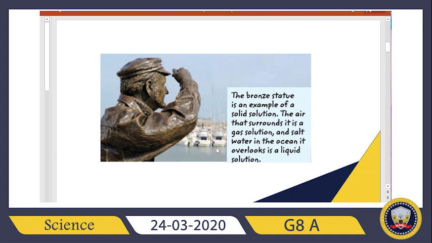You will not see the salt particles inside the water because it's a solution. It is impossible to differentiate them just by looking at it. But if you drink it, you will feel the taste of salt, so you will know that there is salt inside that water.